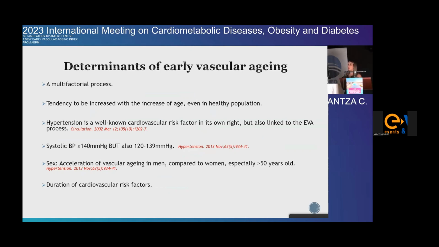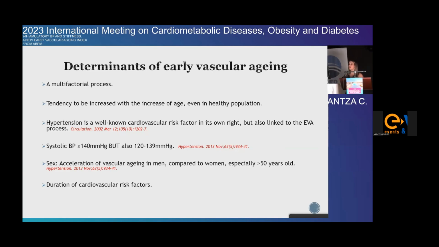Hypertension is the most well-known cardiovascular risk factor in its own right, but also highly linked with the early vascular aging process, especially values higher than 140 millimeters of mercury. Sex again, but you can see that there is an acceleration of vascular aging in men compared to women, especially under 50 years old.